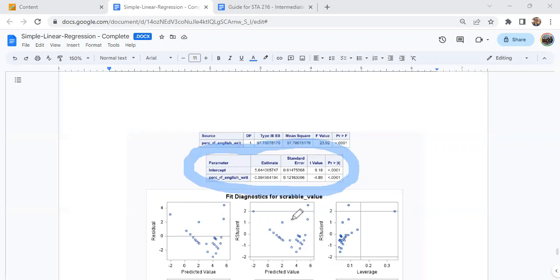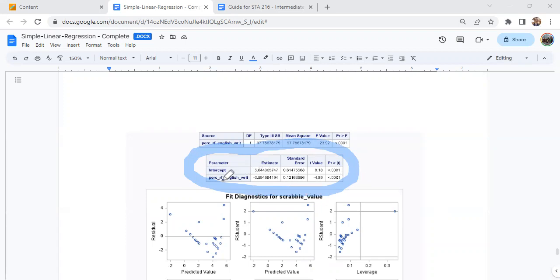The estimated intercept is given by the row that says intercept and then estimate. Then here it'll say the name of your X variable, your predictor variable, and it'll give the slope for that predictor. When we get to multiple linear regression, this will look the same, except there'll be another row underneath with the other predictor's name and its own estimate.